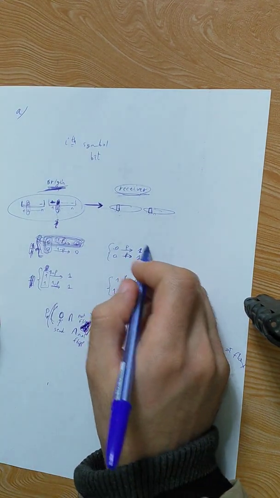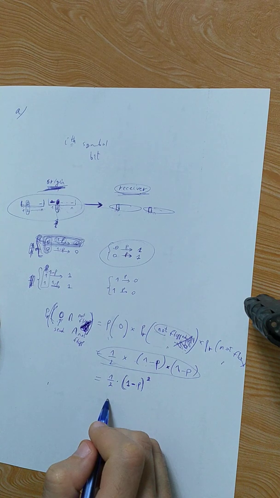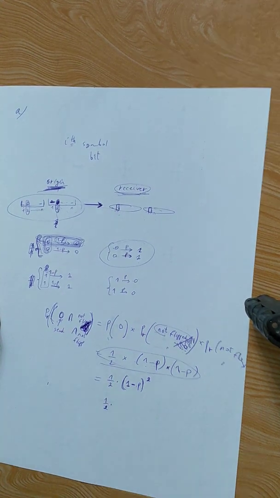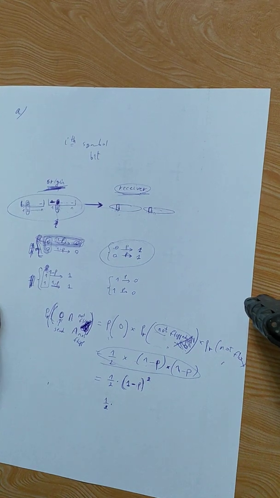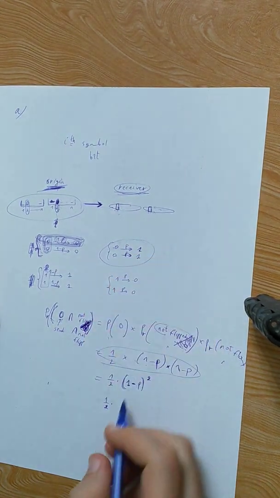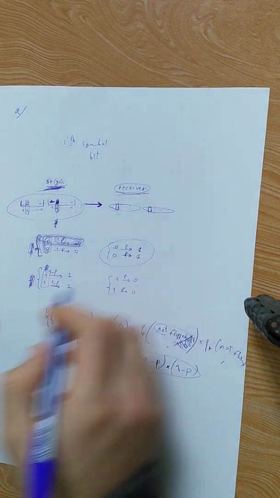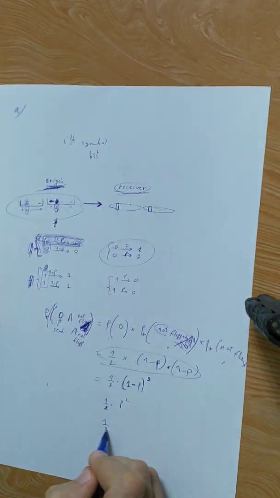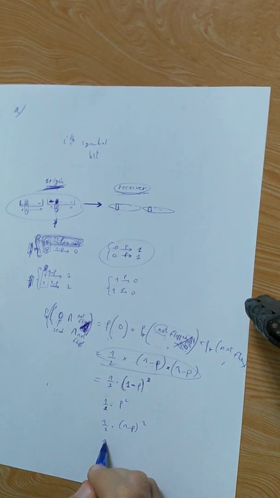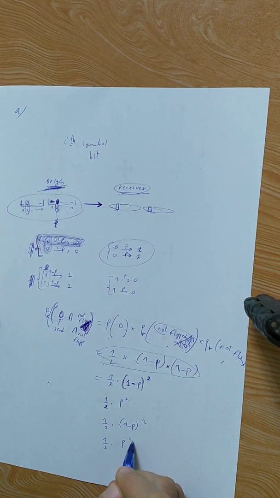I'm gonna write it down quickly, or else our video will take an hour long. Half times p squared. For this thing it is half times 1 minus p squared. And for this thing, it is half times p squared.